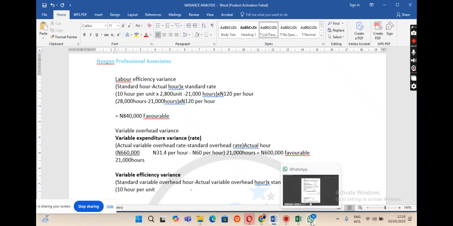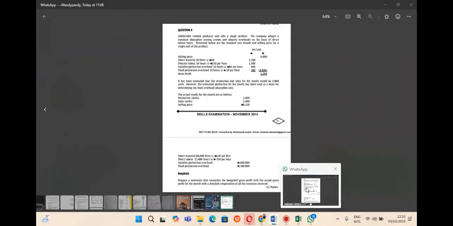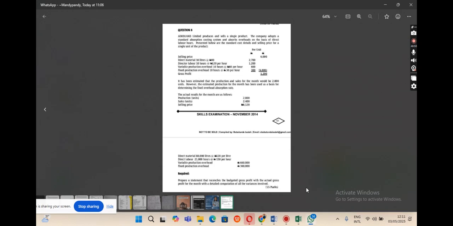Now, you can see in this question we are not given variable overhead hours, because variable overhead makes use of efficiency, which measures hours. Sometimes you may be given variable overhead hours. If you are given variable overhead hours, please use them.